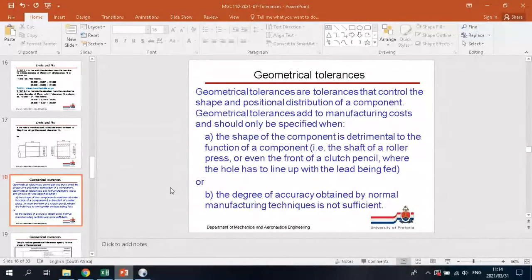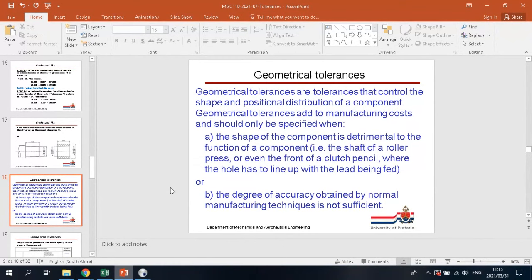So basically, what today's lecture is about is when you have components manufactured, you must appreciate the fact that if you put a dimension on a component, then the person manufacturing that needs to know how close to that dimension they must be, because it's physically impossible to get onto a dimension of 15.0000.